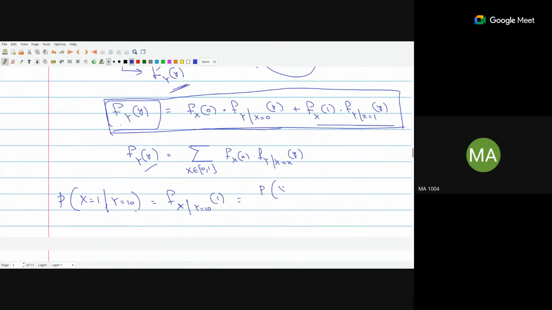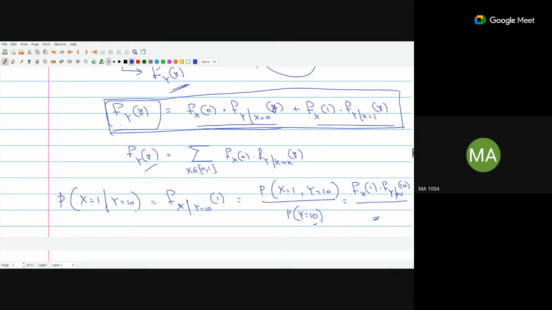So this is basically the probability that x equals 1 and y equals 10, divided by the probability that y equals 10. This joint we will write as the product of the marginal and the conditional: fx of 1 times fy given x equals 1 of 10, divided by the probability that y equals 10, which is fy of 10. You just have to substitute 10 instead of small y and complete.